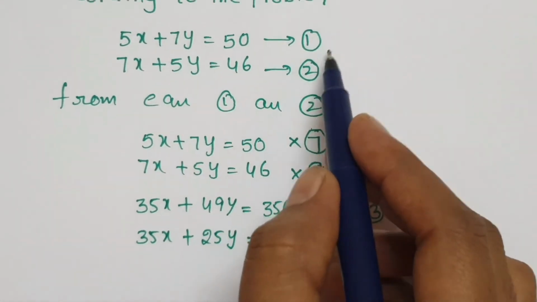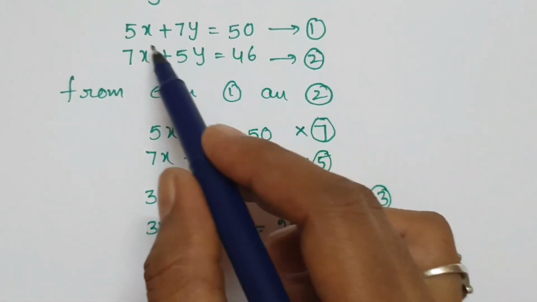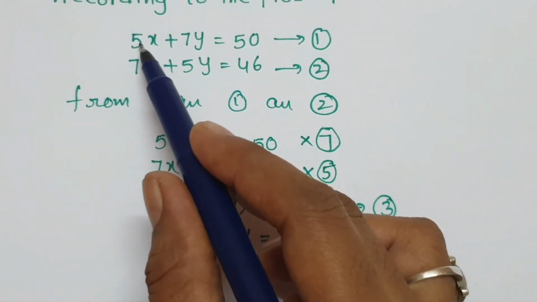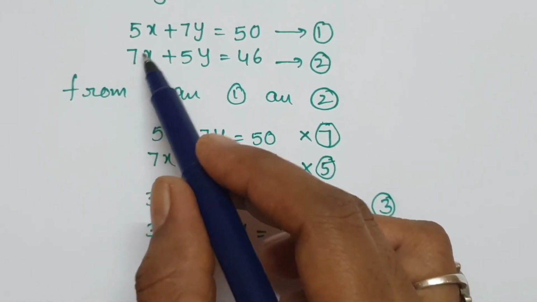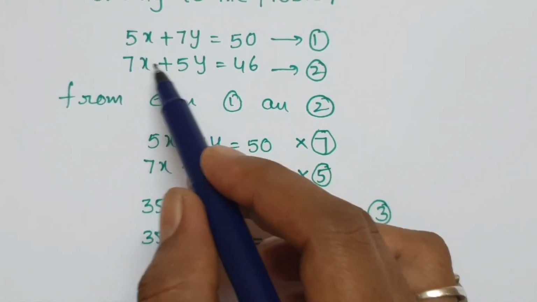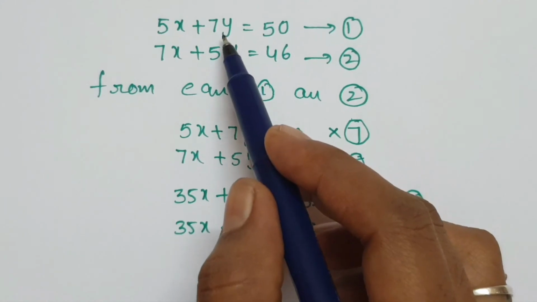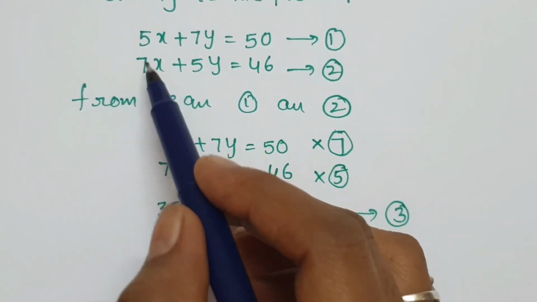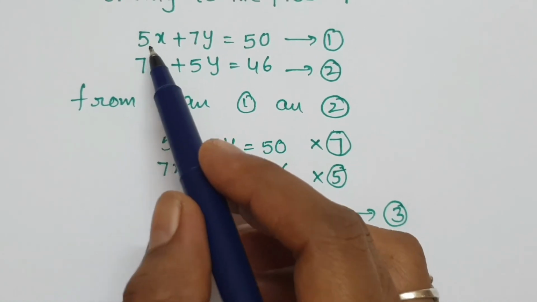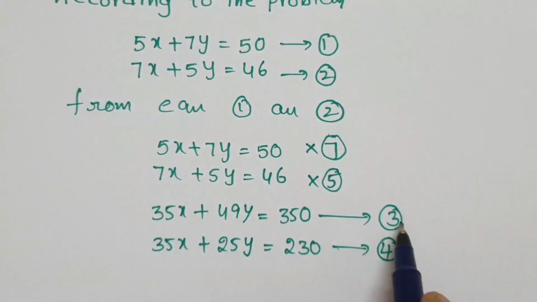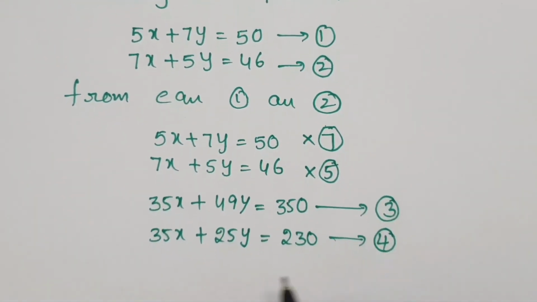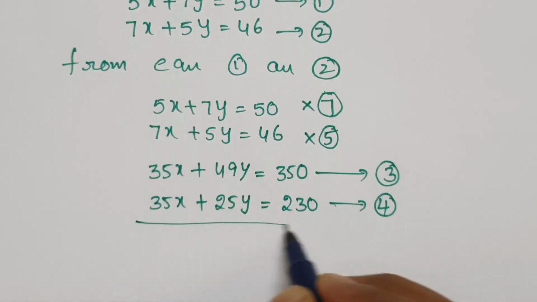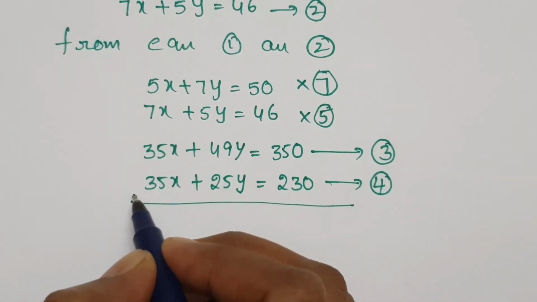Means in these two equations, in the first equation the x coefficient is 5, here the x coefficient is 7. Here interchange those, the opposite number should be multiplied. The first equation is multiplied with 7, the second equation with 5. This is equation number 3 and 4. In these two, do subtraction.